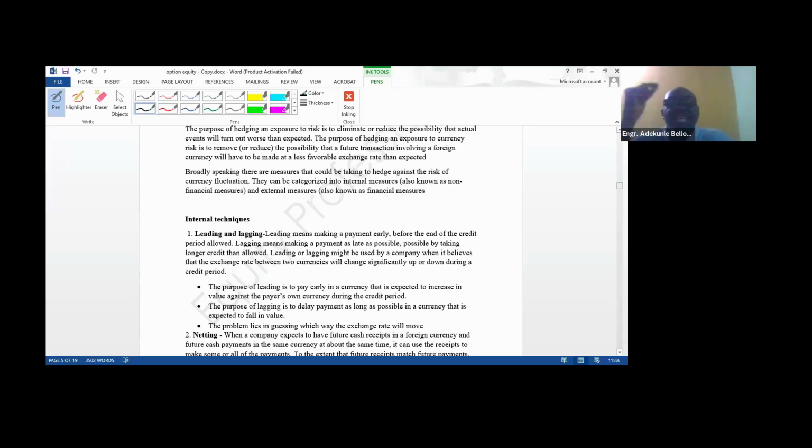The purpose of leading is to make payments early in a currency that is expected to increase in value, while the purpose of lagging is to delay payments to a later period.